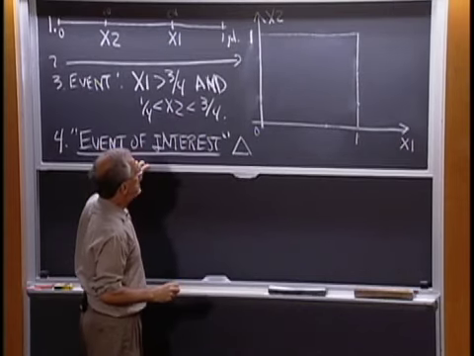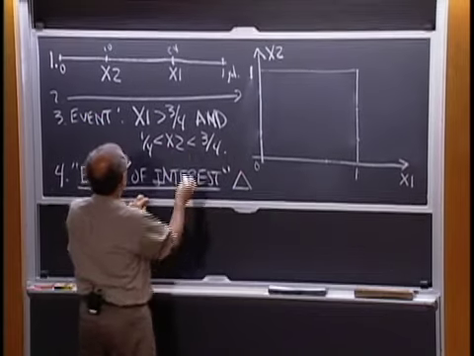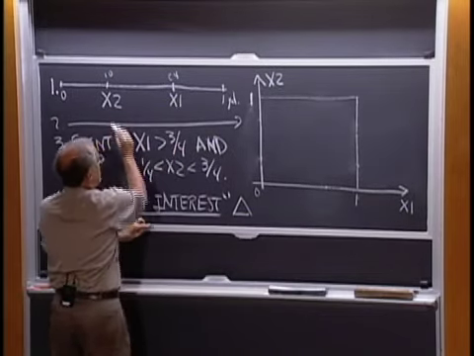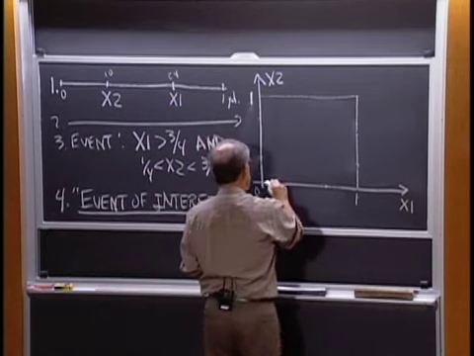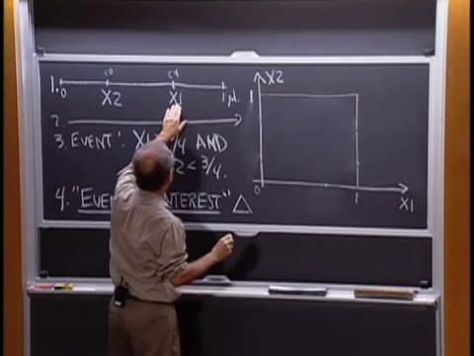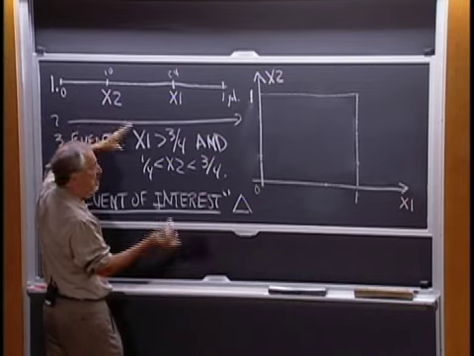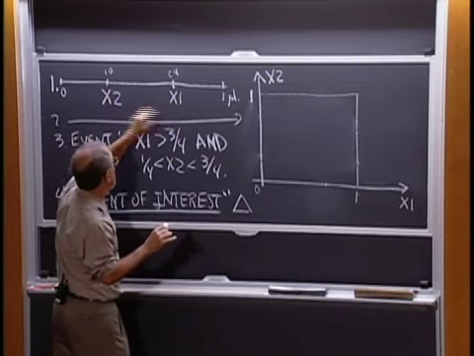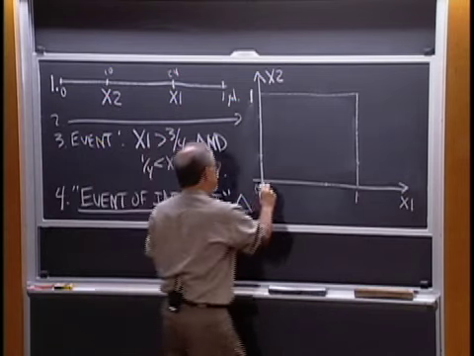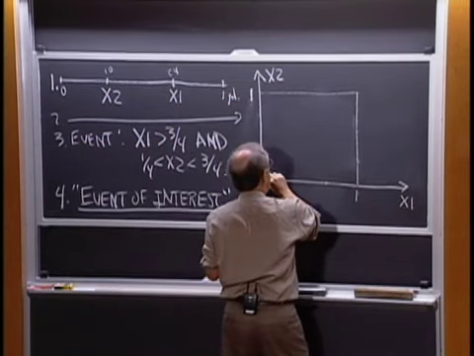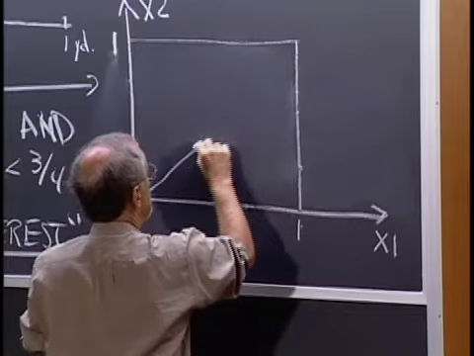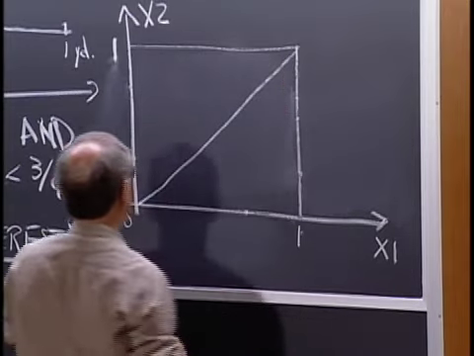Okay, so let's look at it. Here we have x1 and x2. It's a little bit complicated because, you know, x1 could be over here to the left of x2. So there's no order in here. x1 could be greater than x2, it could be less than x2. So let's do some conditioning and let's look at the situation the way we found it.